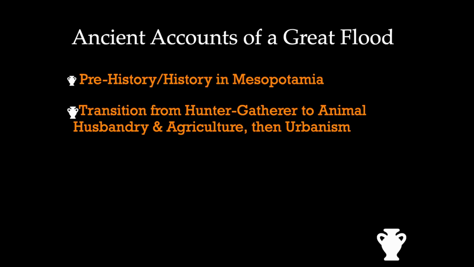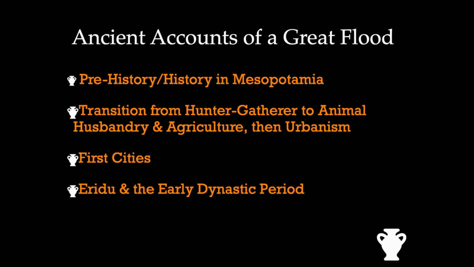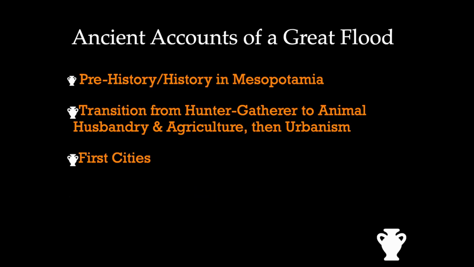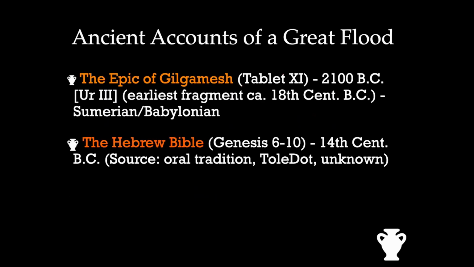So this transition from hunter-gatherer, in which they're basically hunting large game, such as caribou and elk, and then gathering nuts and berries, to animal husbandry, agriculture, then to urbanism. The first cities, then people began to live in cities, and the first city is Eridu, and it begins in the early dynastic period. So this is sort of an overview of the earliest histories of Genesis.